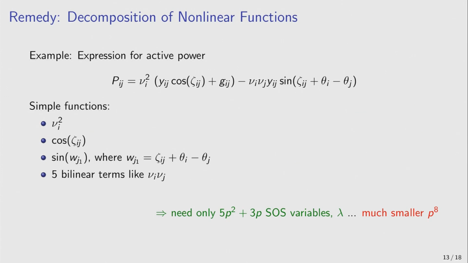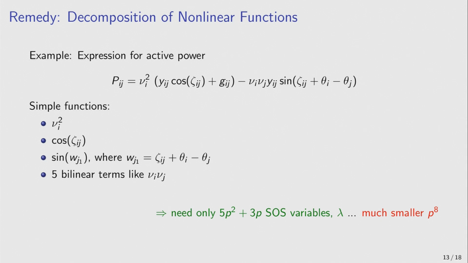This is just an example. If you did this for the active power expression, you have 8 independent variables there. And if you did this decomposition, you need 5p squared plus 3p SOS variables versus p to the 8 variables.